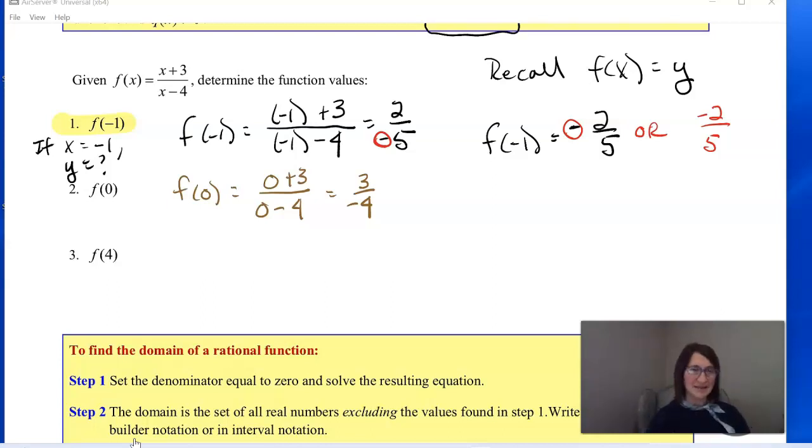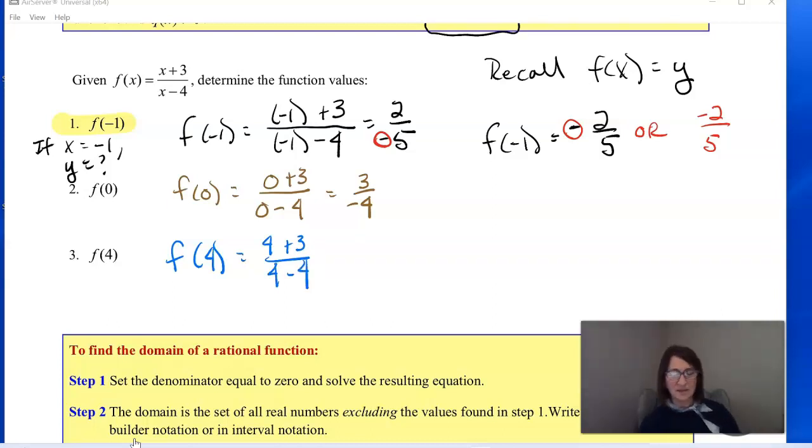For the last one, f of 4, the problem is saying substitute a 4 everywhere you see an x. That's going to give us 7 over 0. We recall that you cannot have a 0 in the denominator of a fraction, and so we would say this is undefined.